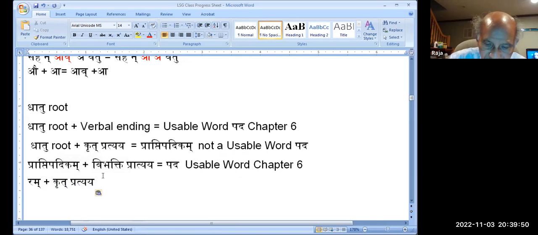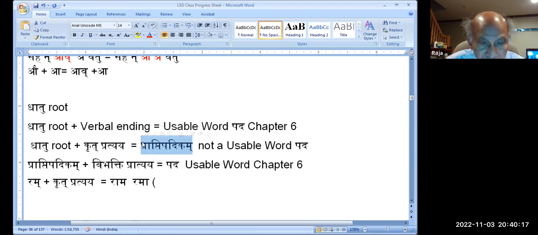Depending upon the type of pratyaya, you will get Rama or Rama. One is masculine, another is feminine. These Rama and Rama are not usable words. This is a pratipadikam, and that's also known as a raw form. Pratipadikam is a raw form.